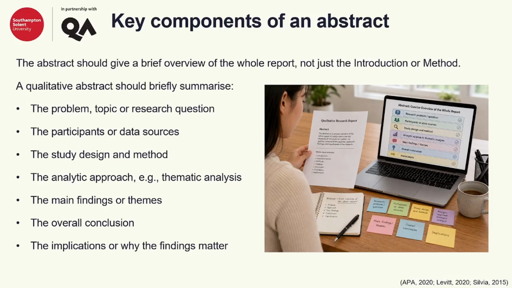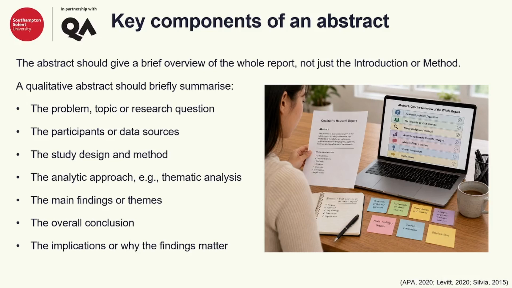The abstract should then present the overall conclusion. This means explaining the main answer to the research question. The conclusion should be based on full analysis rather than on one isolated quotation or one individual theme. It should capture what the findings suggest when they are considered together.